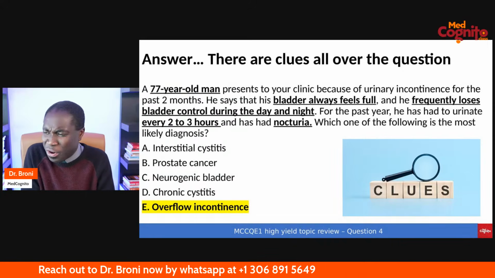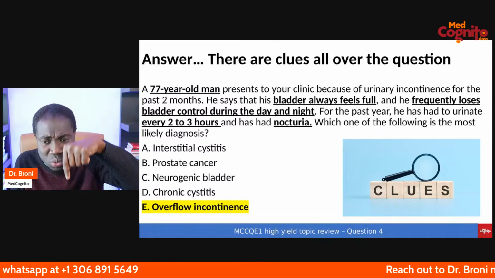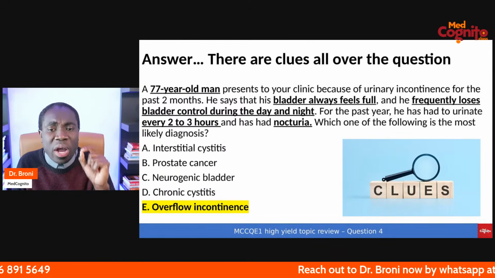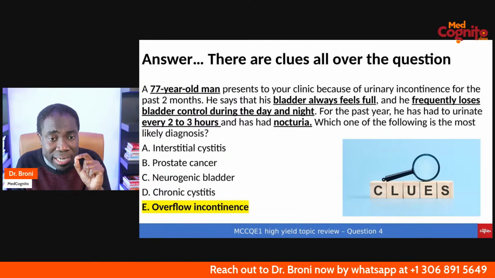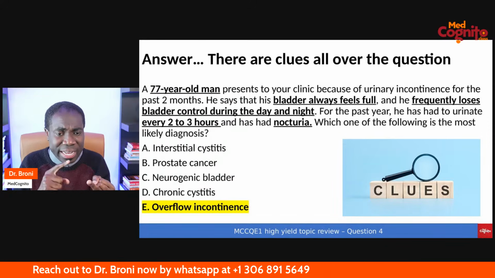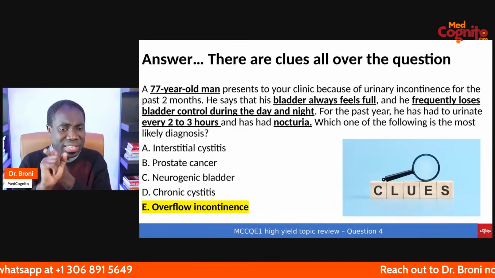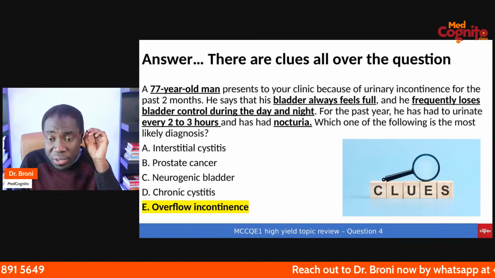My goodness, that's a very uncomfortable situation to be in. And has had nocturia as well. Which one of the following is the most likely diagnosis? And the options were interstitial cystitis, prostate cancer, neurogenic bladder, chronic cystitis, and overflow incontinence.